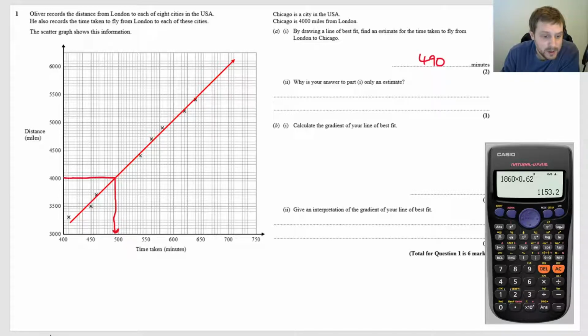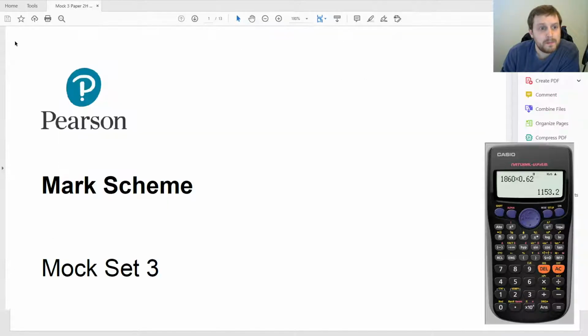I think I should probably load up the mark scheme, to be fair, just to make sure that I'm not making any really silly mistakes. So what was this? It was mock set 3. And I just want the mark scheme.